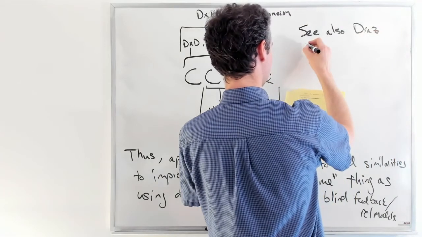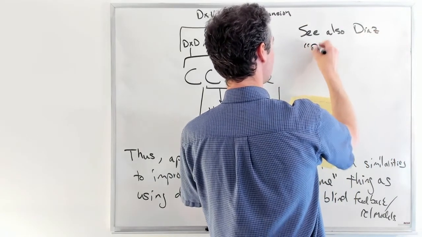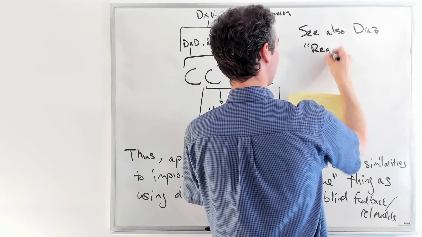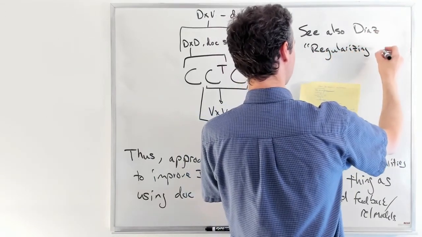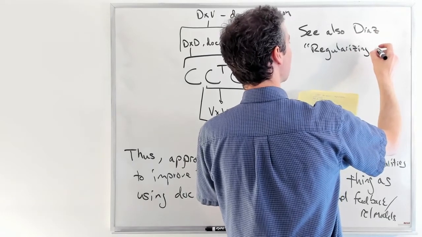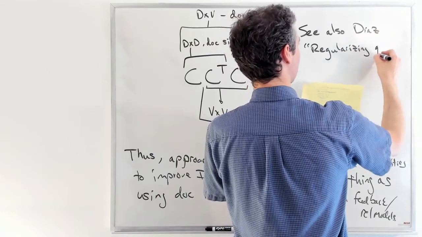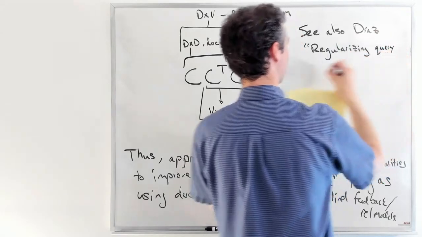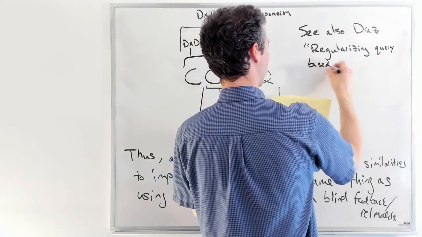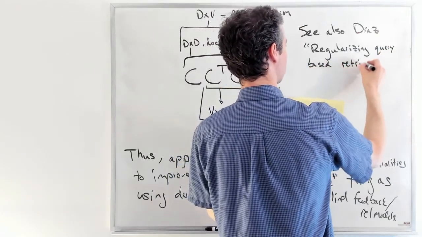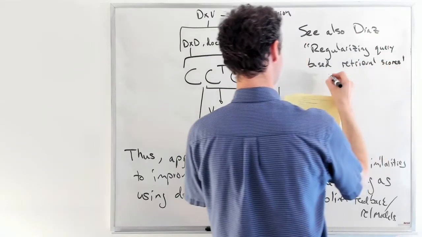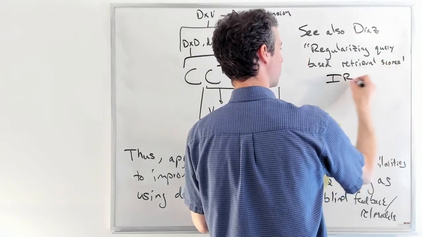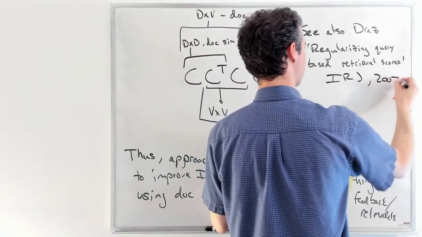You can see his PhD thesis, but you could also see his paper, Regularizing Query-Based Retrieval Scores. This was in Information Retrieval Journal back in 2007.